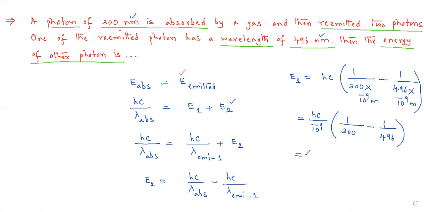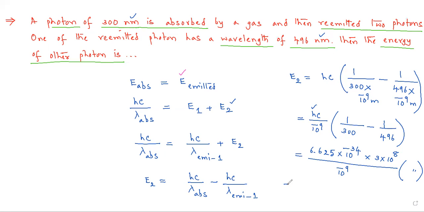Now you have to write everything: 6.625 into 10 power minus 34, I mean the value of h, then 3 into 10 power 8, the value of velocity of light, and then by 10 power minus 9, then into, of course, the same thing.